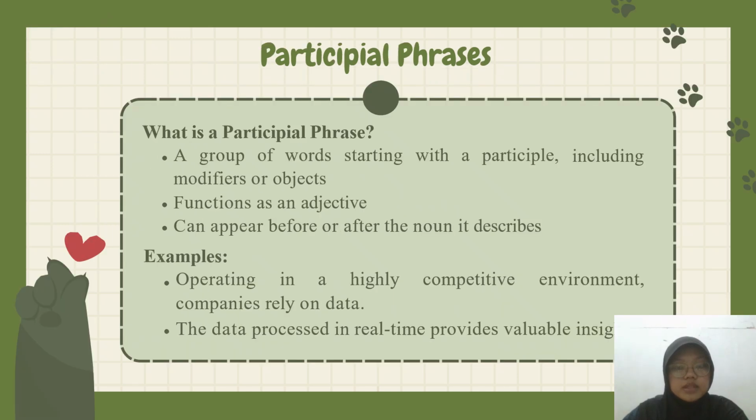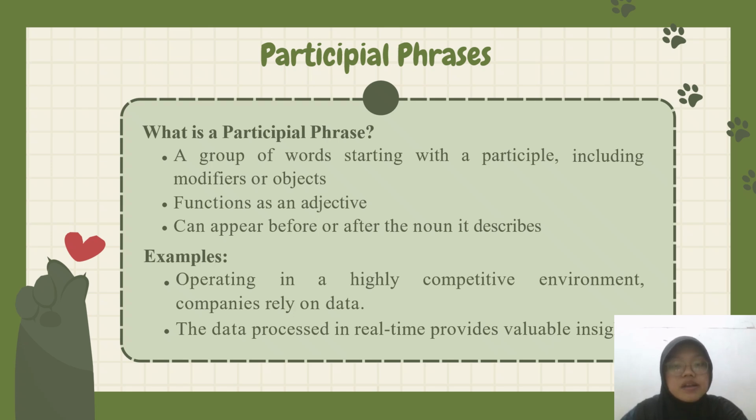Okay, next. Now we move on to something slightly more complex but very common in academic or formal writing: participial phrases. What is a participial phrase? It's a group of words starting with a participle, either a present or past participle.